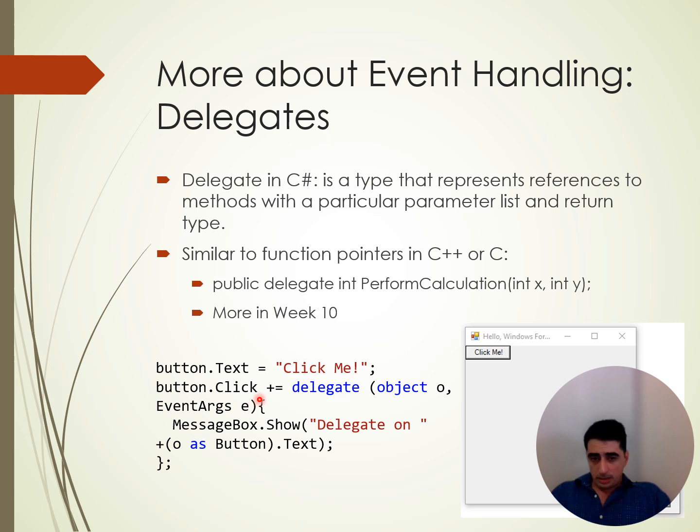And then in the definition of the delegate, the body, which should be enclosed in curly braces, what we write is what we are going to run whenever the click event is triggered. So all I want to do here is to show a message box saying that there is a delegate on the button.text, and click me in this case. So you can test this and you can see that this syntax works as well.